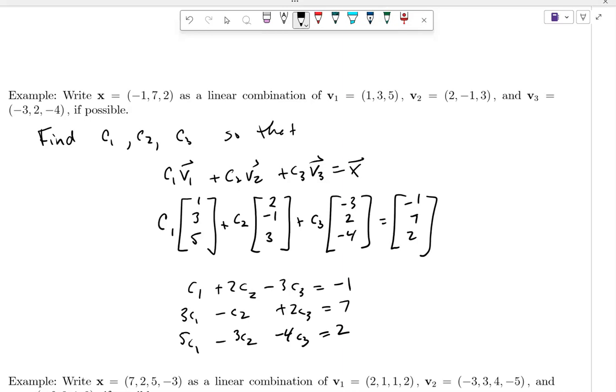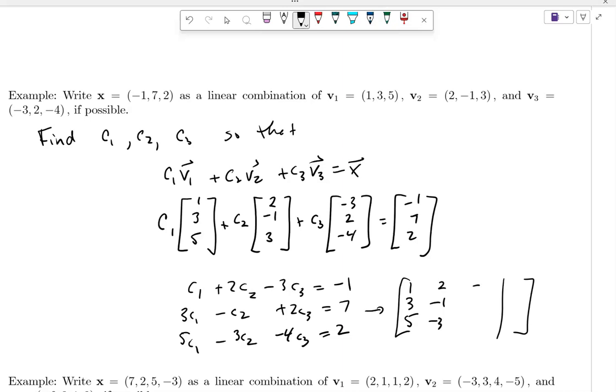Now you've set up a system of equations. What's our big method for solving a system of equations? Make a matrix and row reduce, right? Okay, so notice, and this is why I wrote them in columns to start with, by the way. My first column will be 1, 3, 5. My second column will be 2, negative 1, negative 3.